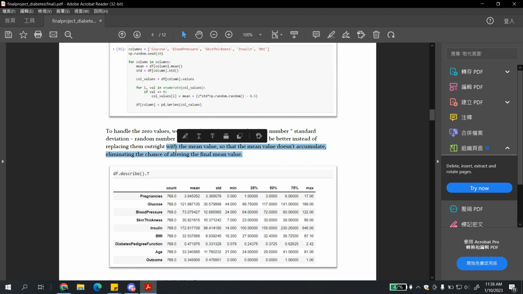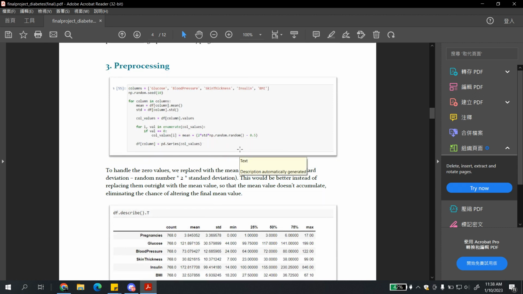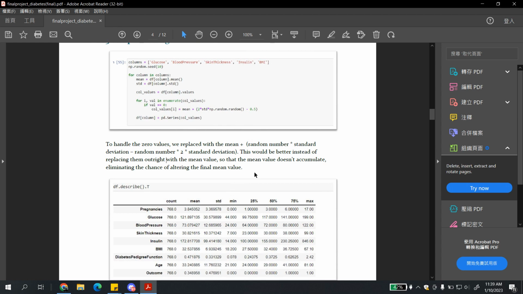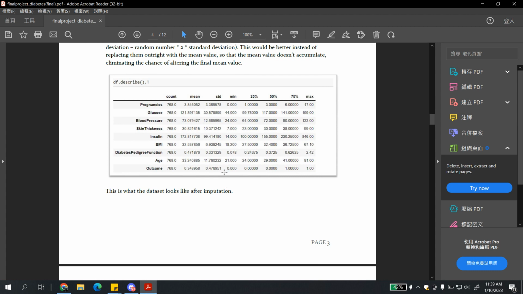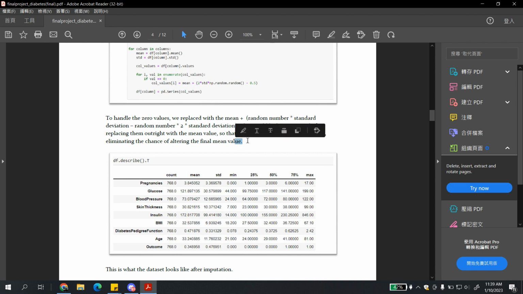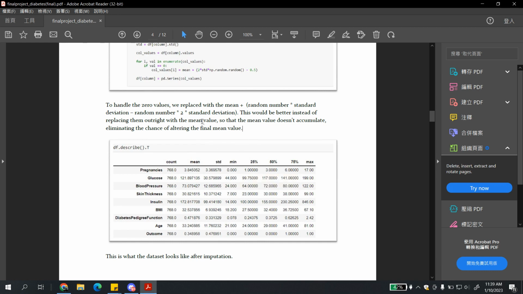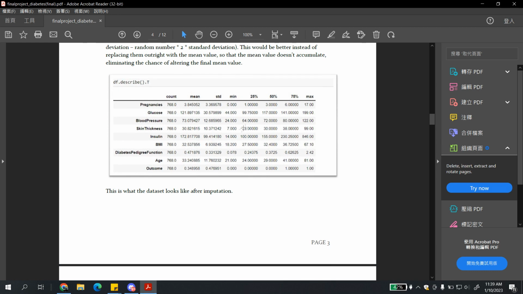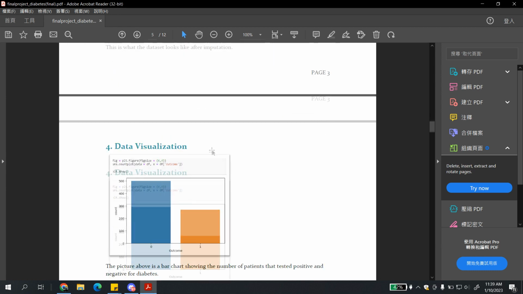We don't just use the mean outright, because that would mean the average value would be accumulated in the end. It would hinder our result, like not having the expected outcome. So we give it a little bit of randomness. That's what the dataset looks like after the imputation. So far so good.